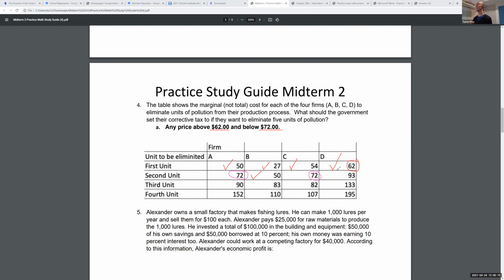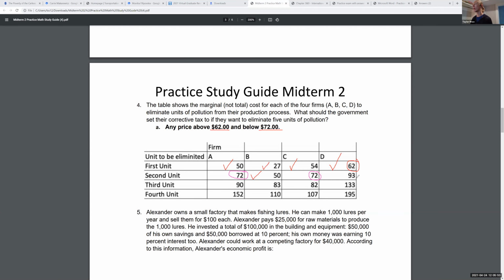So basically, think of these prices below 62 this way: the firm either can eliminate that unit of pollution for $27 or pay a corrective tax to the government. Because the tax of $62 is more than the cost to the firm to eliminate this unit of pollution, the firm's going to decide to eliminate that unit rather than pay the tax of $62.